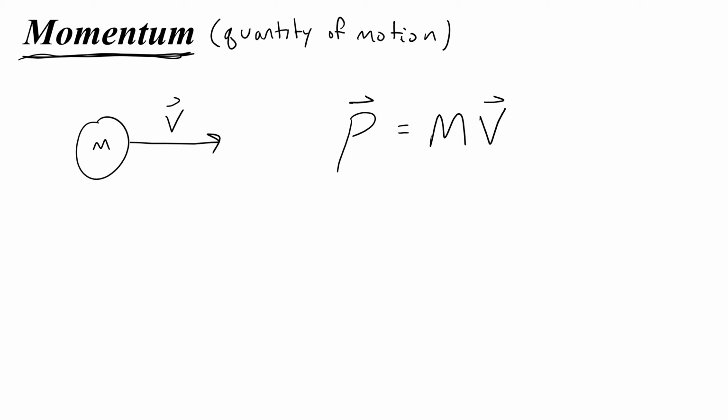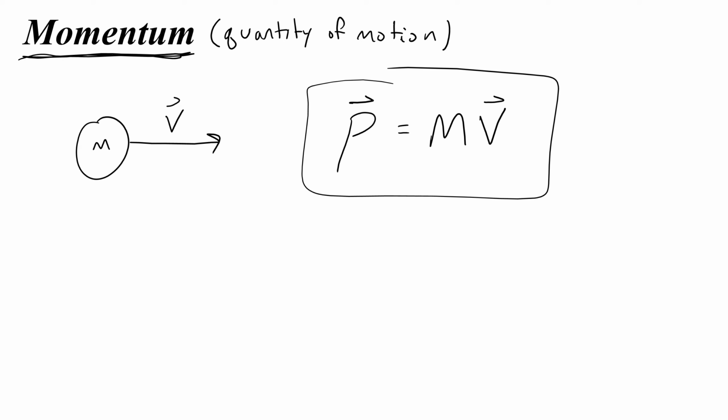So like a cannon imparts the quantity of motion to a cannonball. So anyway, this is our definition of momentum. And the units of this are pretty straightforward. They're just going to be kilograms for mass, and then velocity, meters per second.